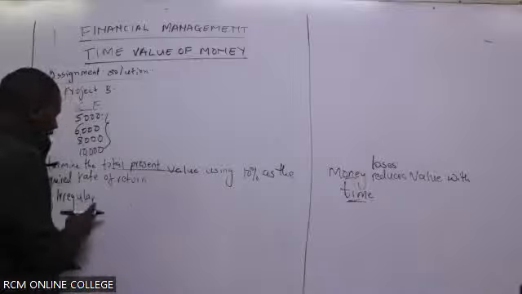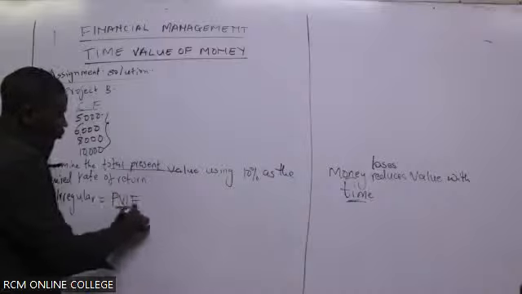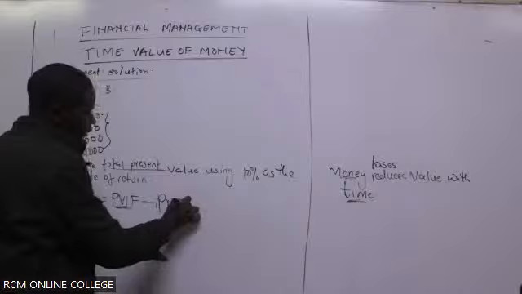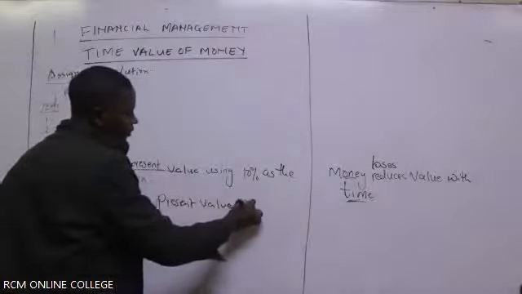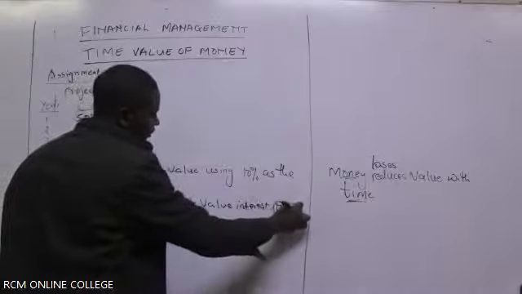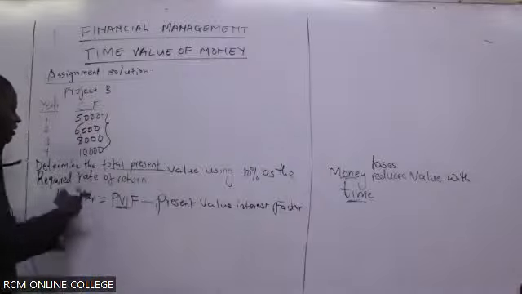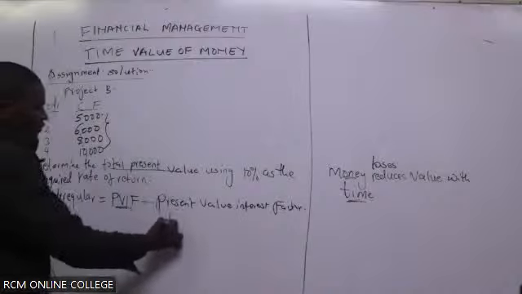Therefore, for irregular cash flow, we discount using PVIF, the present value interest factor. That is a factor that will assist us to convert this cash flow from future to present. And the formula is one.